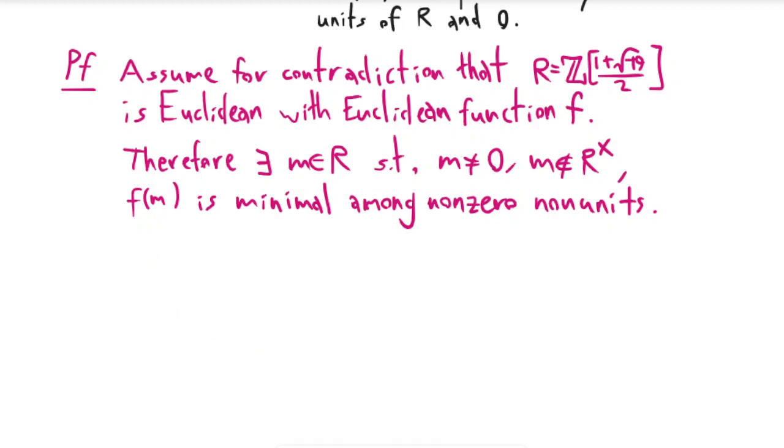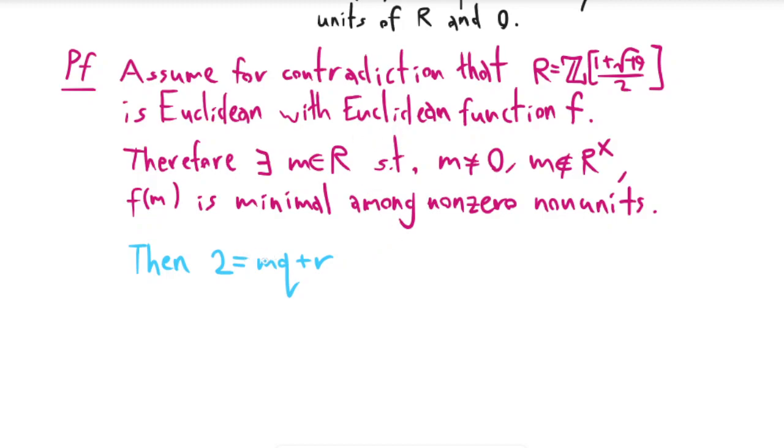Great. So it's not totally obvious why this is useful, but it turns out that the trick is to divide 2 by m. So 2, which is in this ring R, is equal to the following. And here we're using our assumption that it's a Euclidean domain, right?